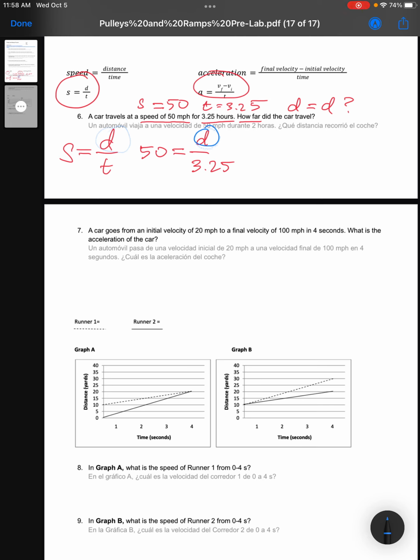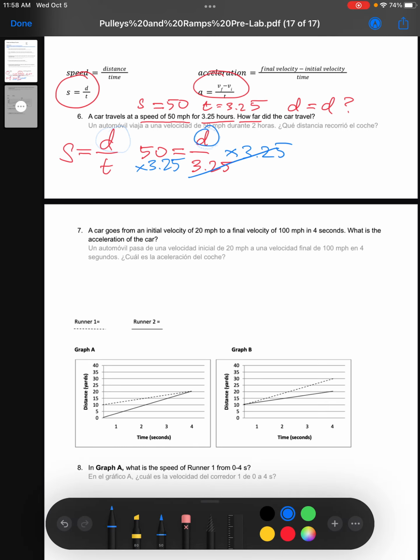So we need to multiply both sides by 3.25 to cancel out that division. And so when we do that, we get that D equals 50 times 3.25.